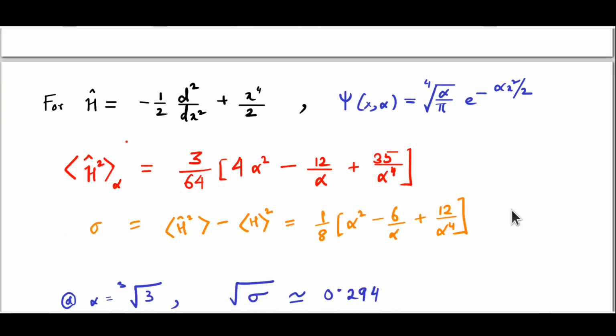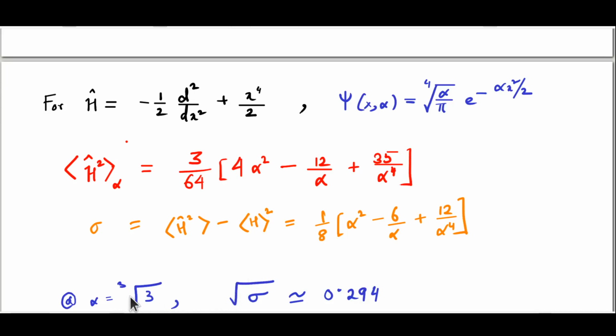It's just that it takes a bit more time. The expectation value of H squared turns out to be this expression, and if you calculate sigma from here, which is of course the expectation value of H squared minus the expectation value of H whole squared, this quantity we have already calculated when we were estimating the ground state energy for the quartic oscillator. It turns out to be this rather simple looking expression.